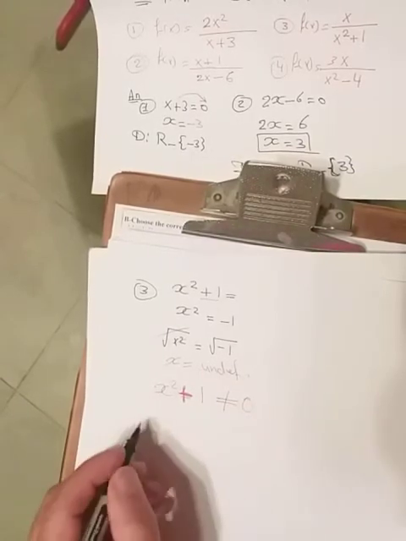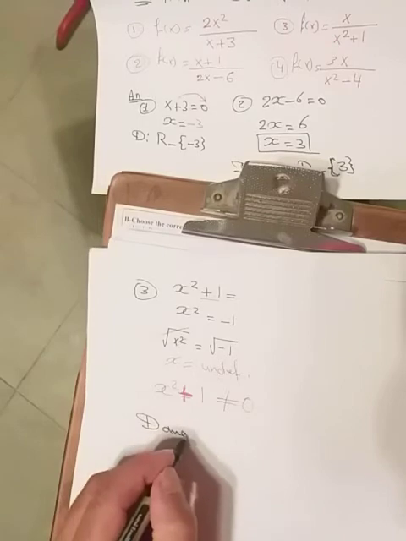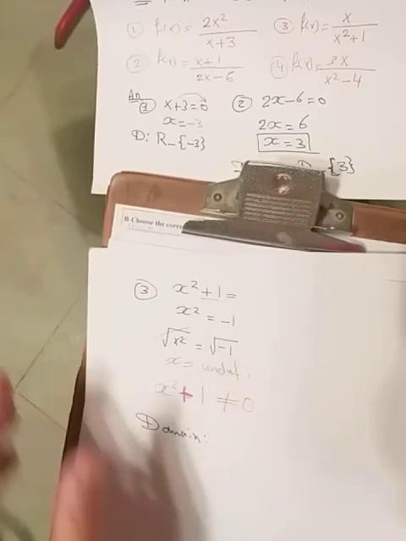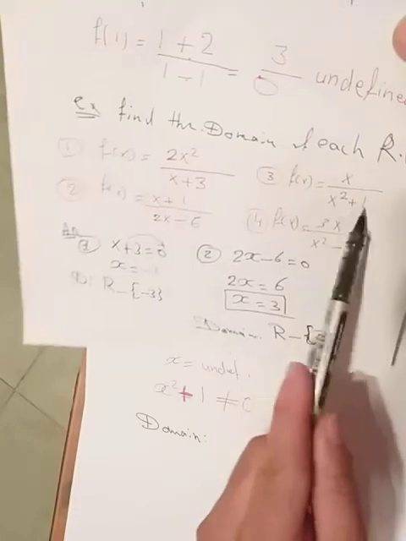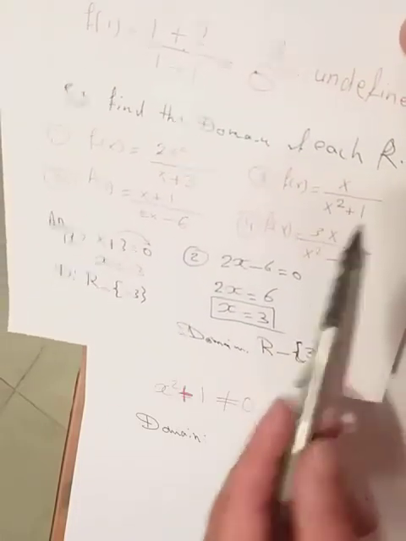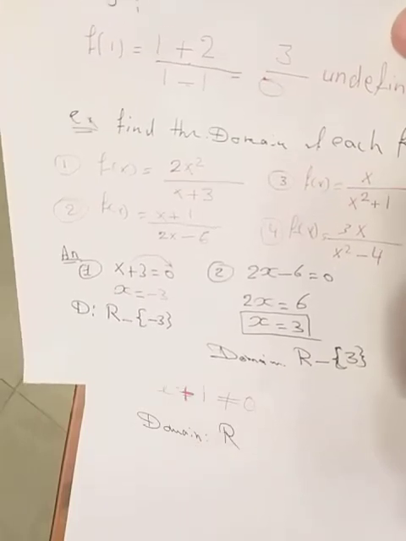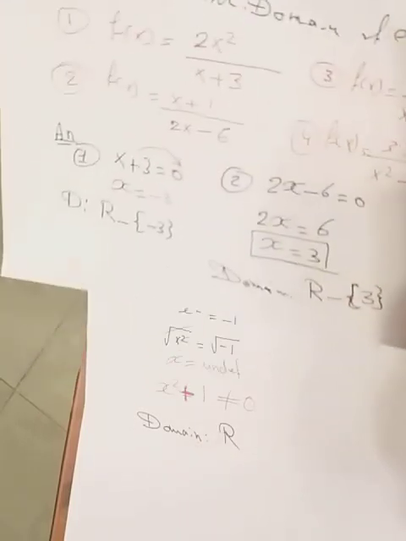Then what's the domain? If the denominator is never equal to 0, what does that mean for the domain? It means we can put for x any number, all real numbers.